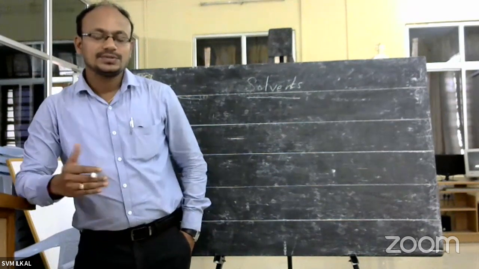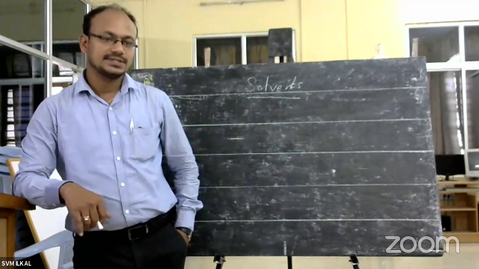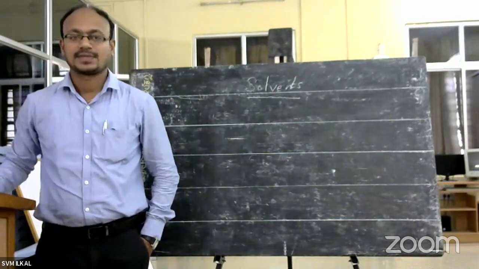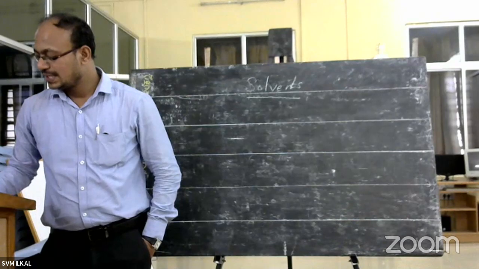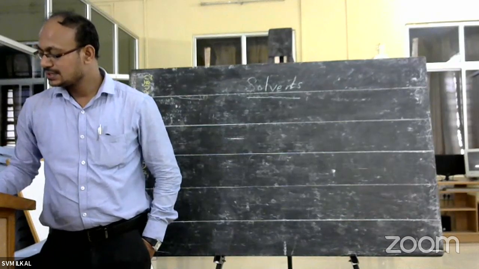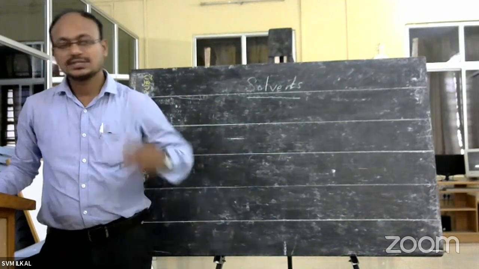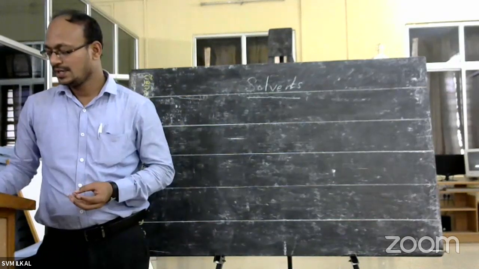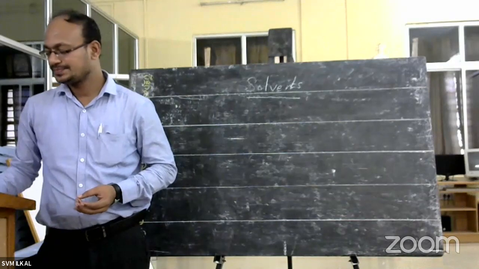So here we are going to study the types of solvents, then the properties of good solvents, then the non-aqueous solvents. Again in that, we are going to study some of the characteristic properties of liquid ammonia, then liquid hydrogen fluoride.